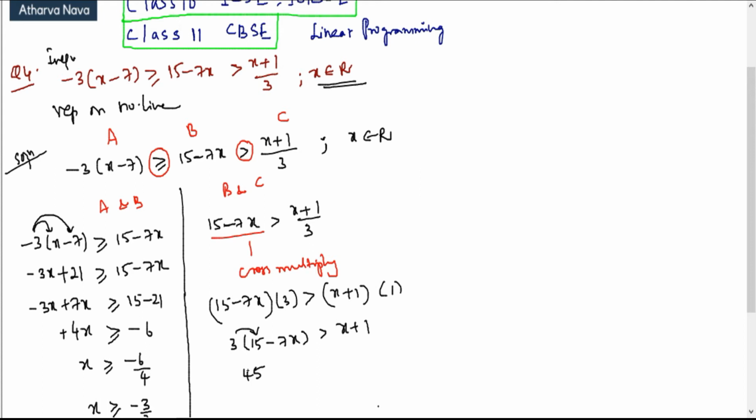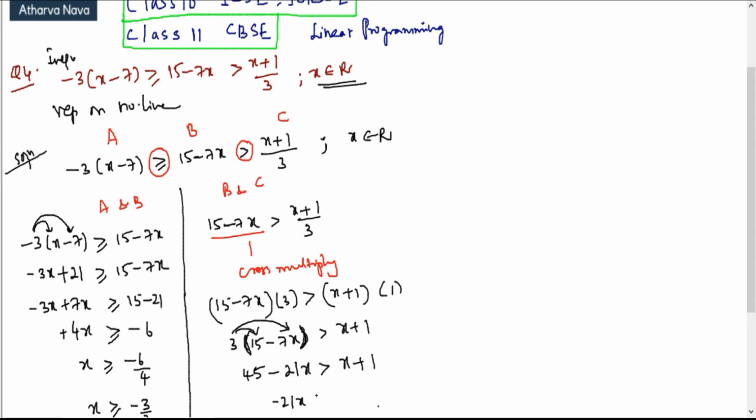And then 3 into minus 7x, plus into minus is minus, 7 3s are 21x, greater than, this is a bracket, please understand. And then you will write x plus 1.